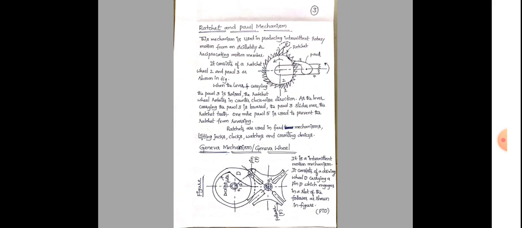So the first point is, it is an intermittent motion mechanism, and what it consists of is a driving wheel, indicated by the letter capital D, and this driving wheel D carries a pin P which engages in the slot of the follower F, which is shown in the figure.